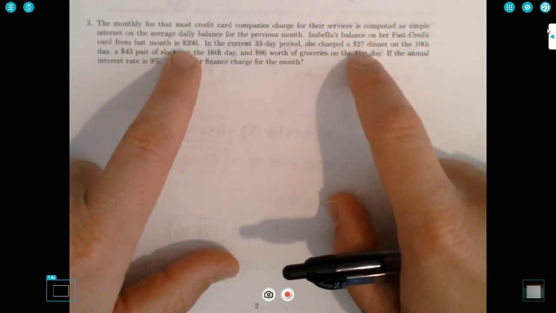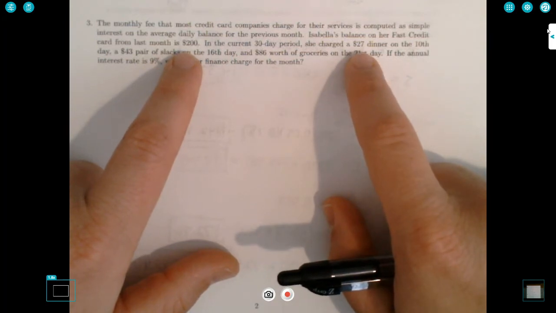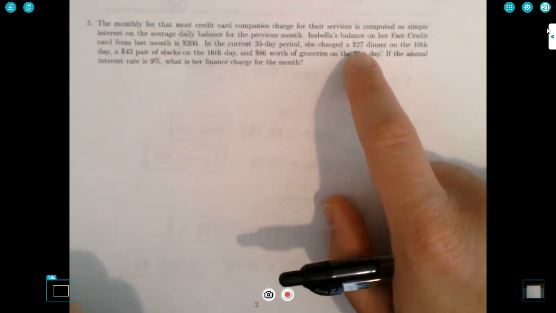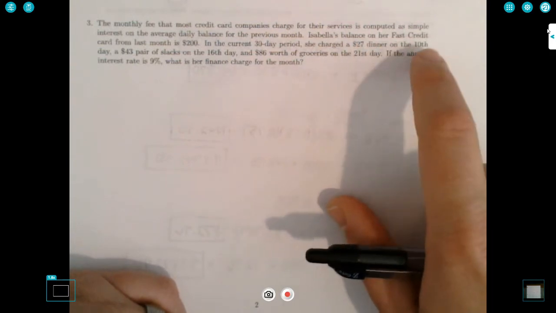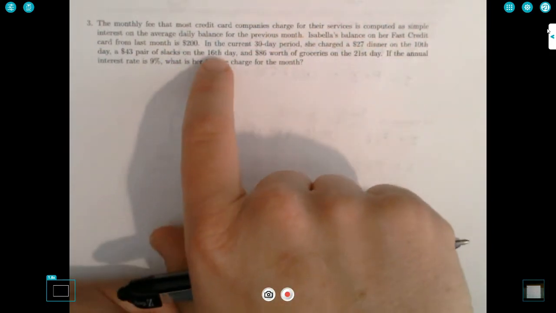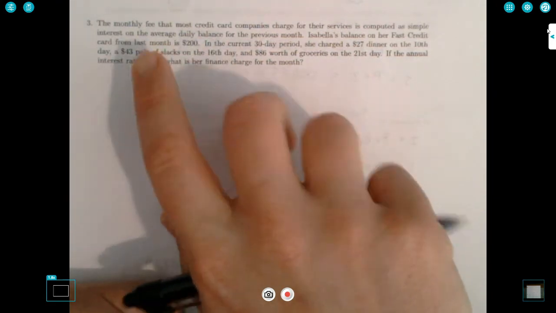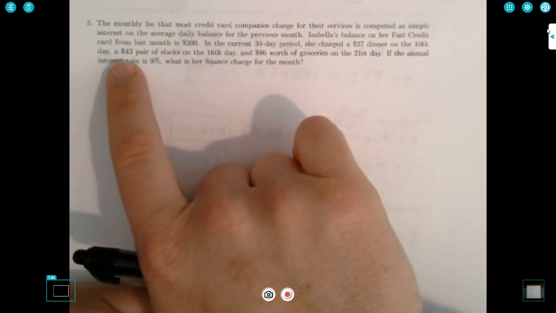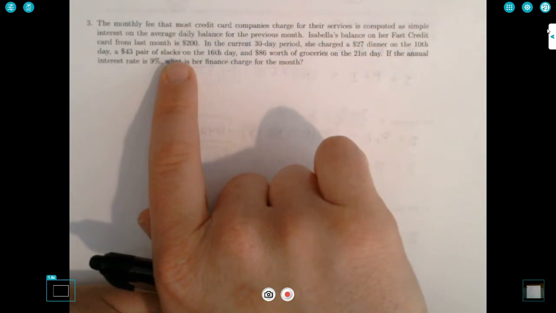On day 10, it's going to be $200 plus 27, so $227. And then her balance is going to be $227 on day 10, day 11, day 12, day 13, day 14, day 15. On day 16, it's going to be $227 plus 43 because she makes another charge on day 16, right? And so on for the whole month.